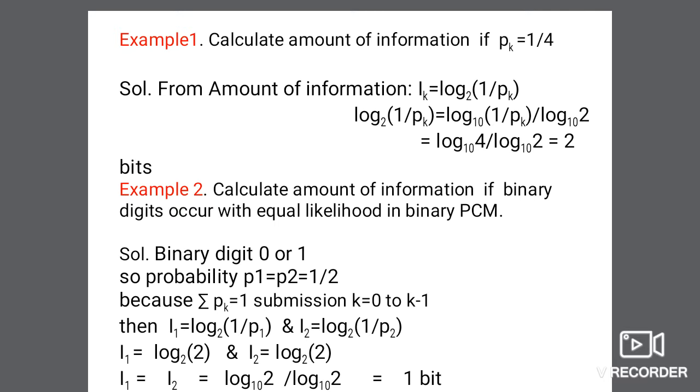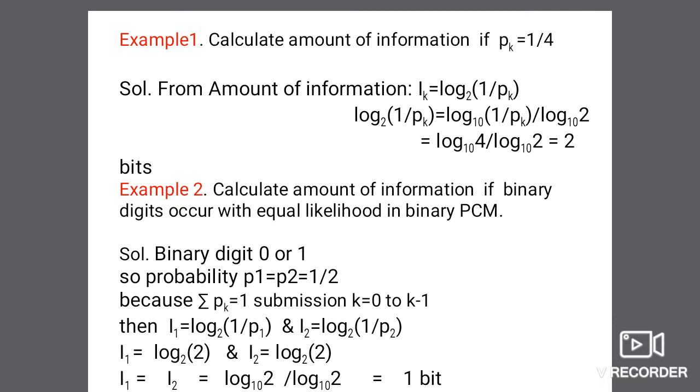Second example: calculate the amount of information if binary digits occur with equal likelihood in binary PCM. We know that in binary PCM there are only two binary levels, 0 or 1. Since they occur with equal likelihood, their probability of occurrence will be 1 by 2, 1 by 2.